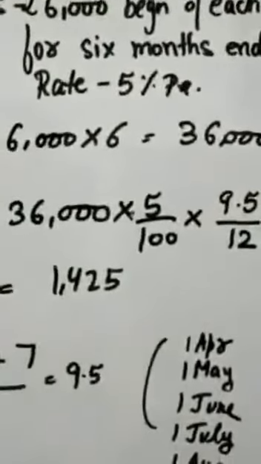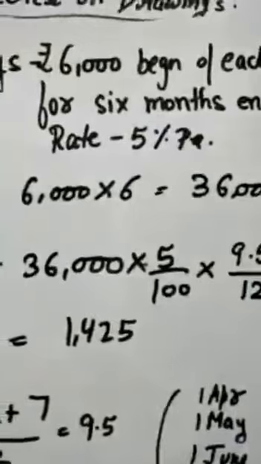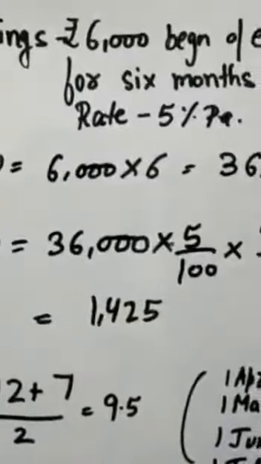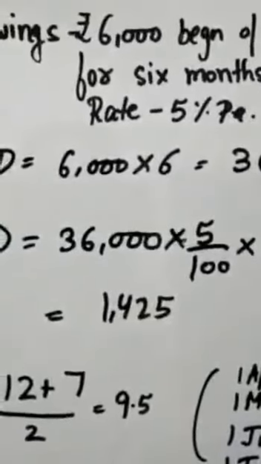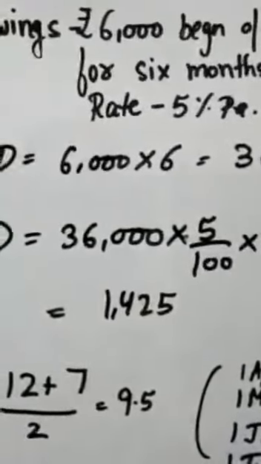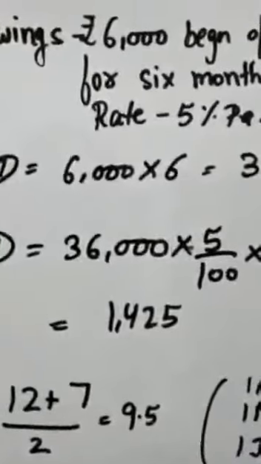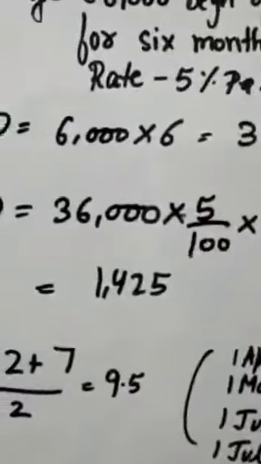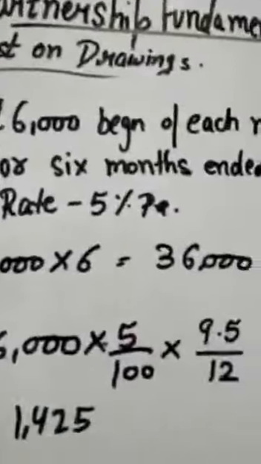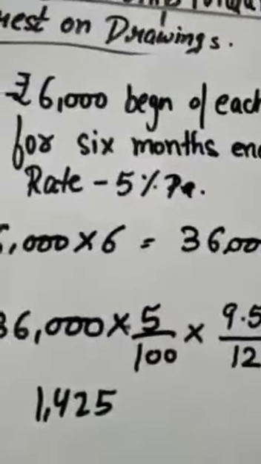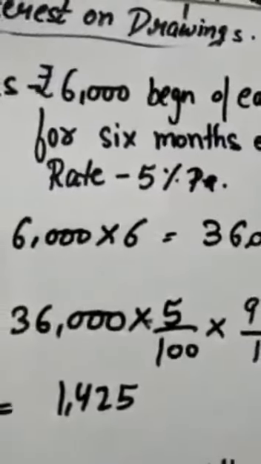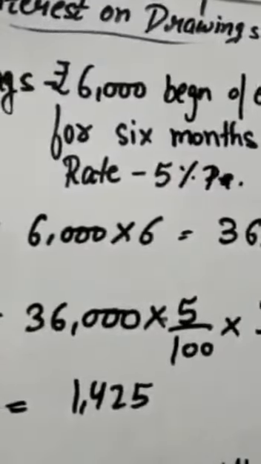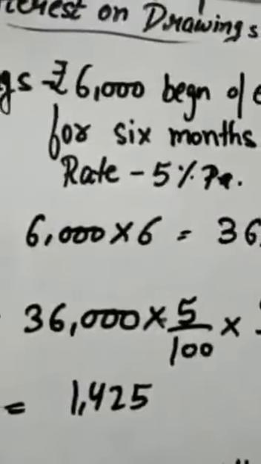Students, there is one more situation that may happen in a question: the partner is not withdrawing the money for continuously 12 months. It may be a situation that the partner is only withdrawing for 6 months. This 6 months may be the starting 6 months or the ending 6 months of the year. This will be given to you in the question. For example, in this question, the partner is withdrawing rupees 6,000 in the beginning of each month for 6 months.